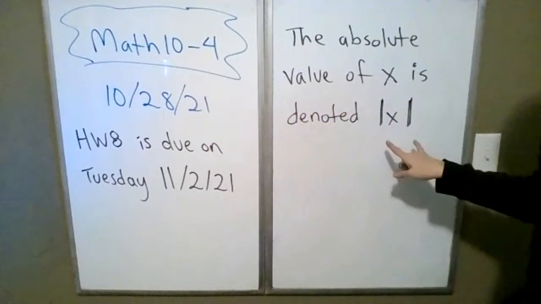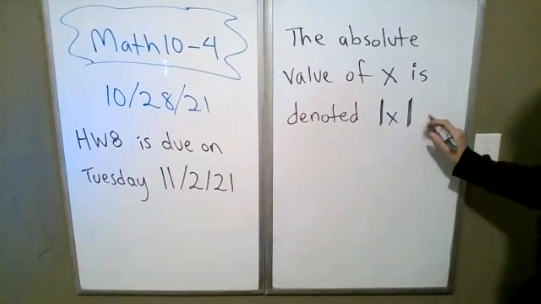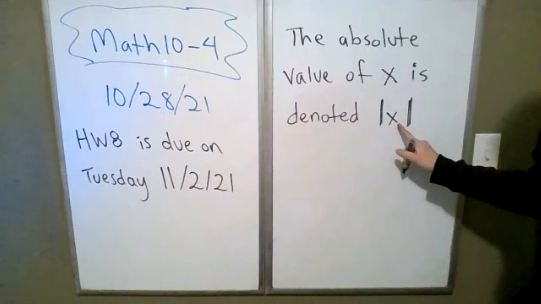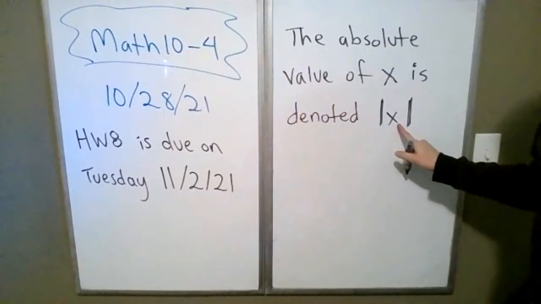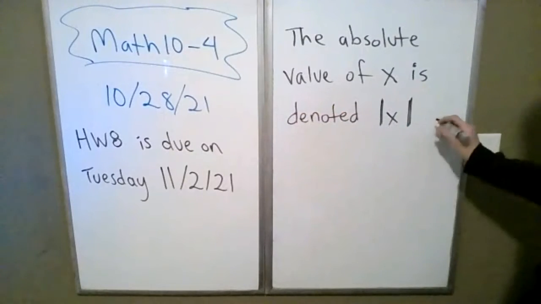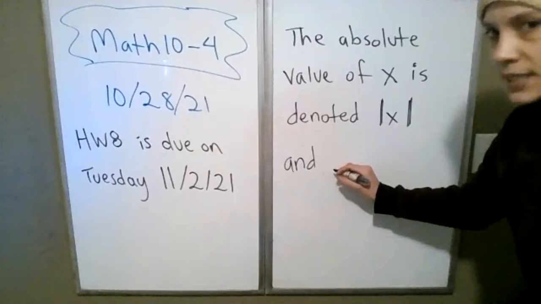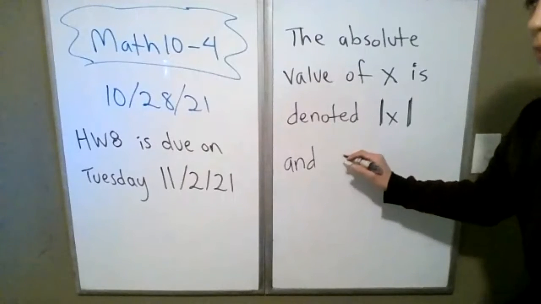That's my absolute value of x, whatever's inside. And it is the distance of that value inside x, the distance that x is from 0, the origin. So it's always a distance from the origin when you're thinking about an absolute value.